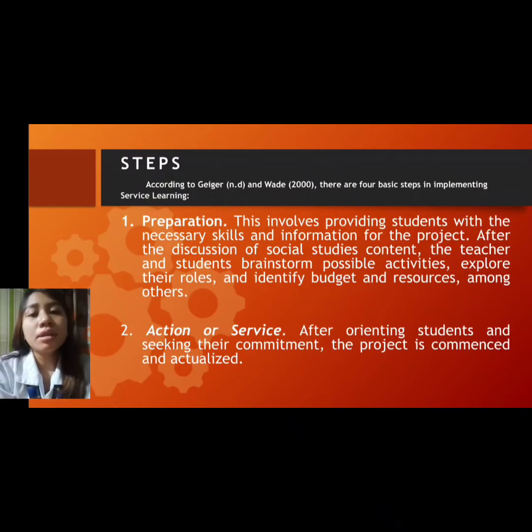So, the first step is the preparations. So, this involves providing students with the necessary skills and information for the project. After the discussion of social studies content, the teacher and students brainstorm possible activity, explore their roles, and identify budget and resources among others.